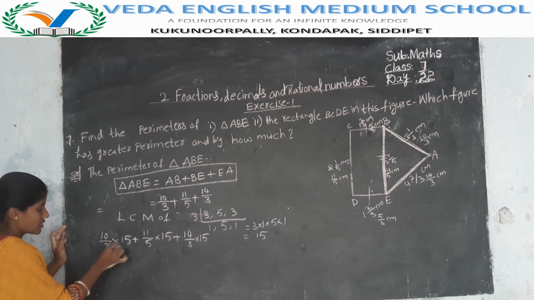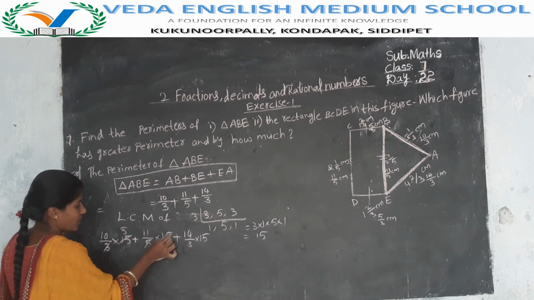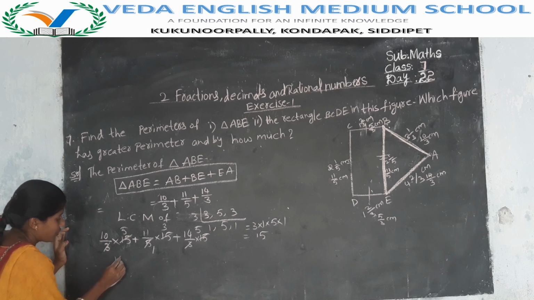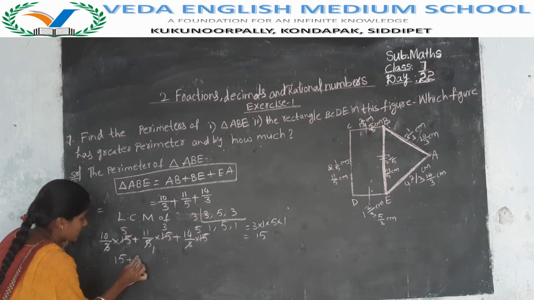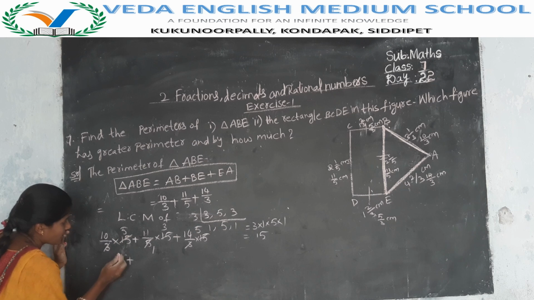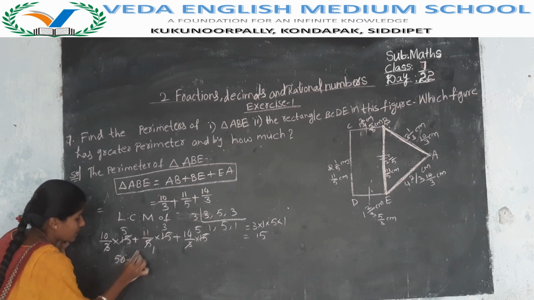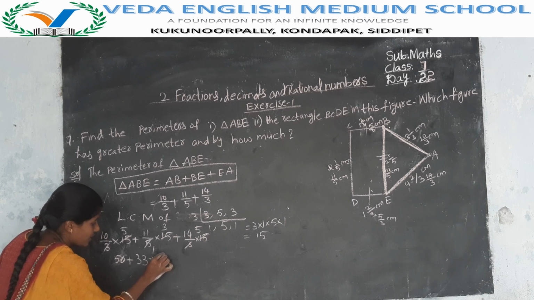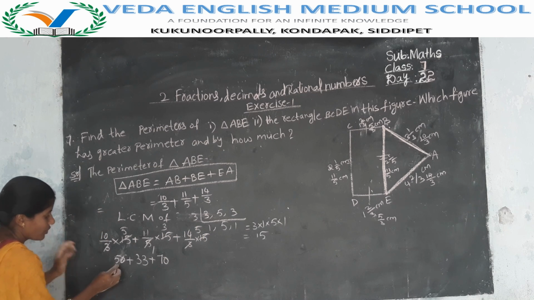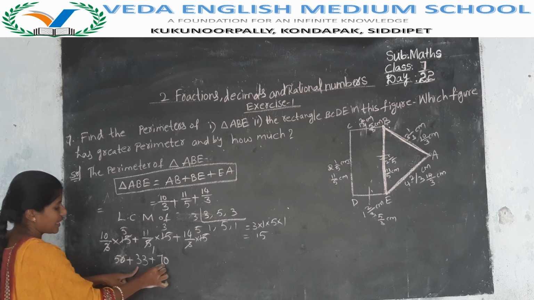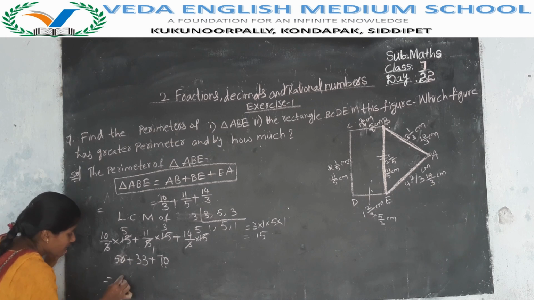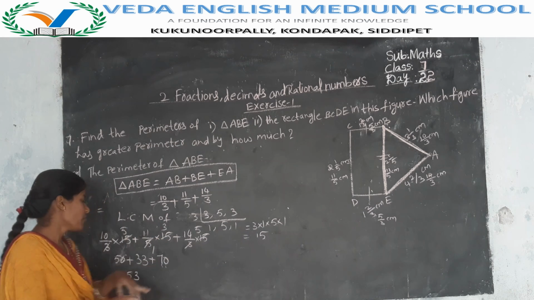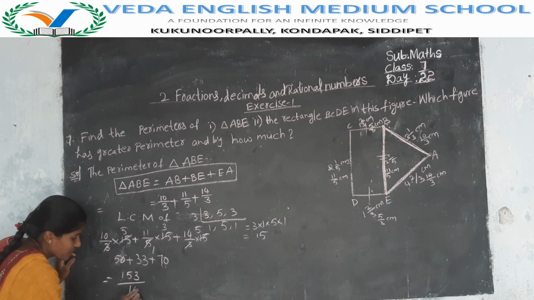Now cut here. 3 ones are 3, 3 5s are 15. 5 ones are 5, 5 3s are 15. 3 ones are 3, 3 5s are 15. 10 5s are 50. 11 3s are 33. 14 5s are 70. 50 plus 33, 83, 83 plus 70, 153. 153 by 15, our LCM is 15.